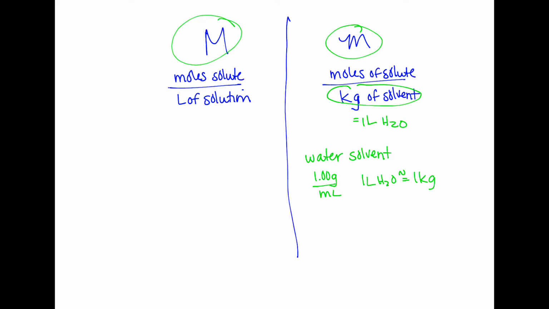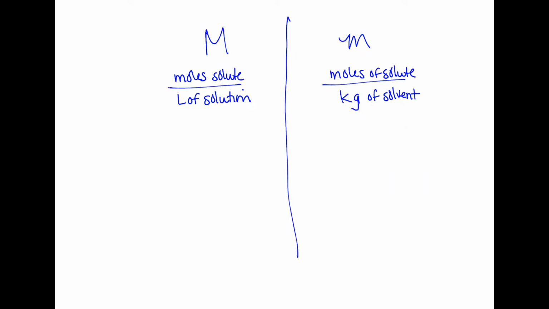So these numbers come out very close to each other almost all the time, as long as your solvent is water, as long as you're at about room temperature, and as long as the concentrations are relatively low. Once you start getting to pretty high concentrations, like over 2 molarity or something like that, these numbers start to differ more and more.